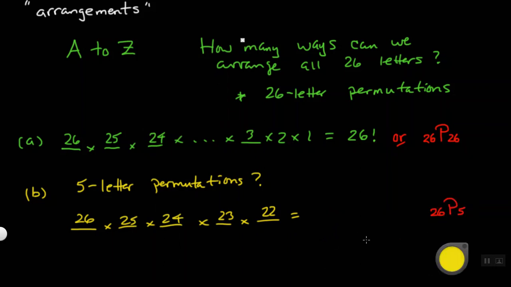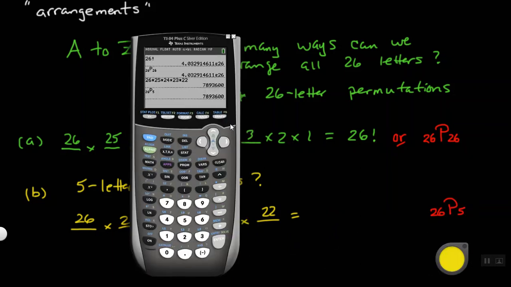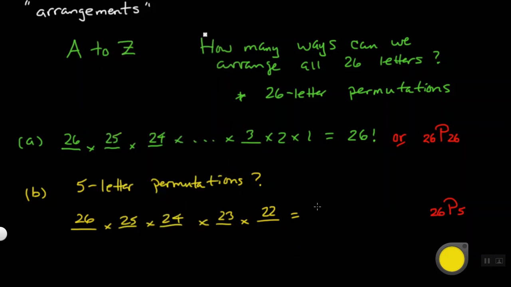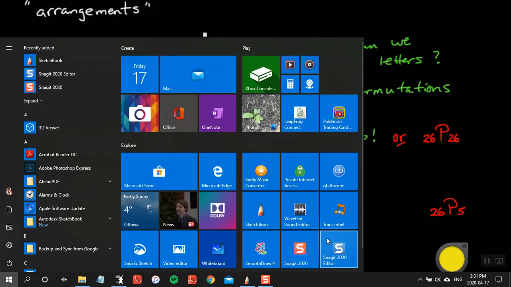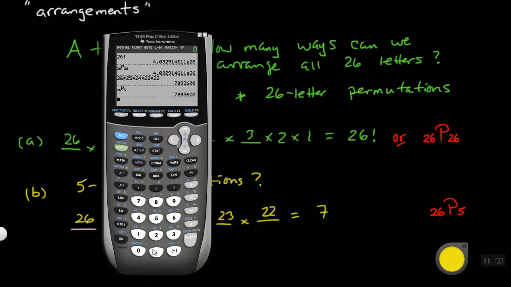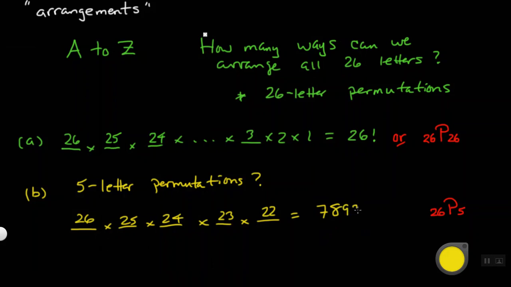I lost my calculator. There, brought it back because I don't trust my memory. That's 7 million. Okay, I'm going to have to trust my memory here. What is it? 7,893,600. And of course, a little bit more convenient going 26P5.